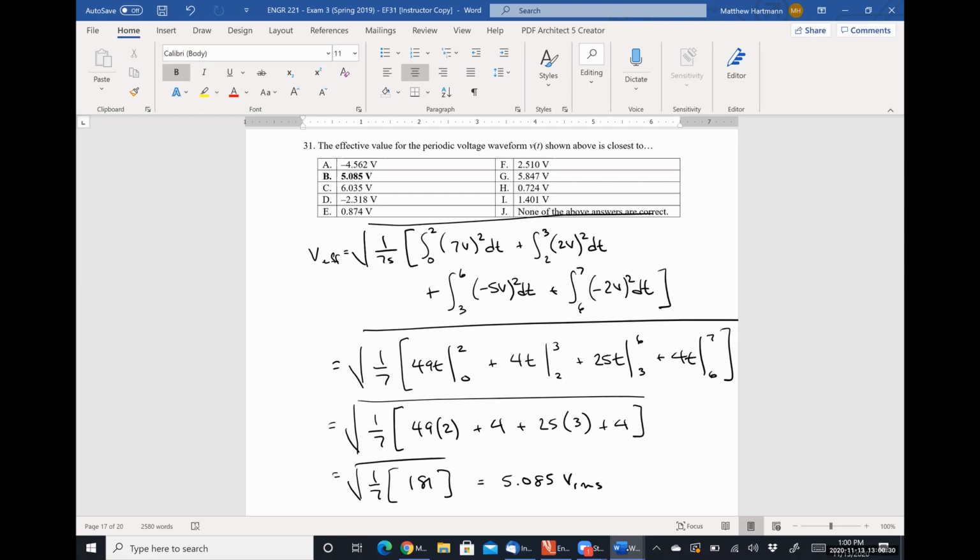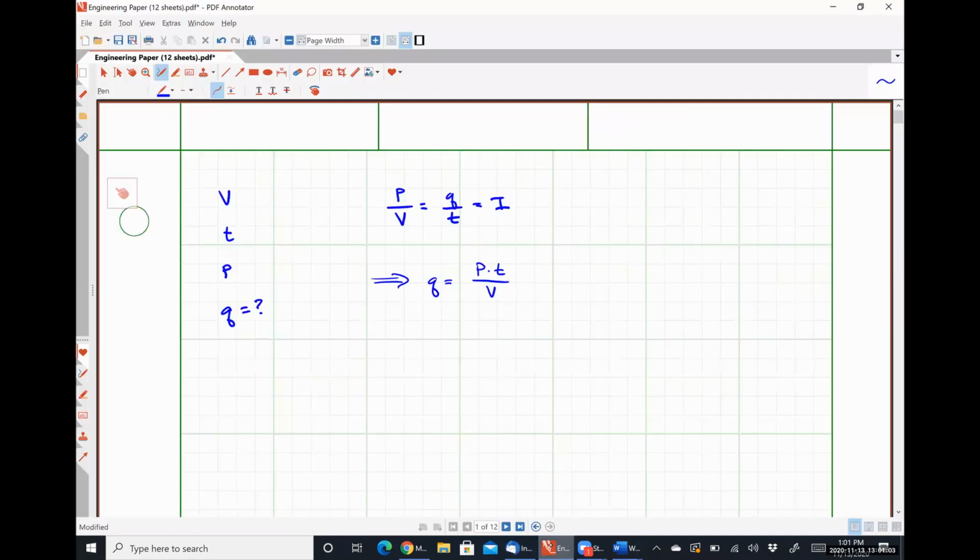When you're doing those capacitor and inductor problems, you use integrals. So if you have a capacitor and you know the current and want the voltage, you use an integral.